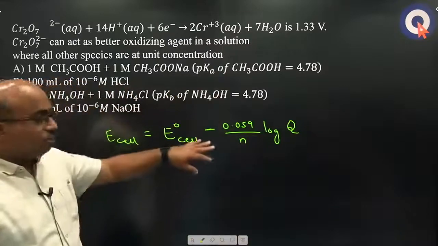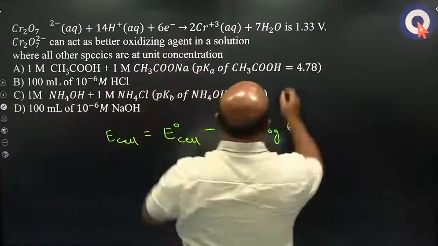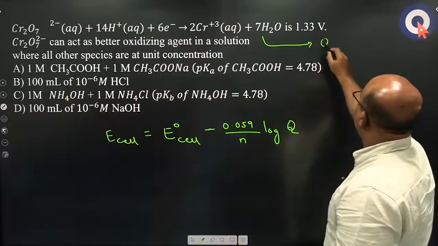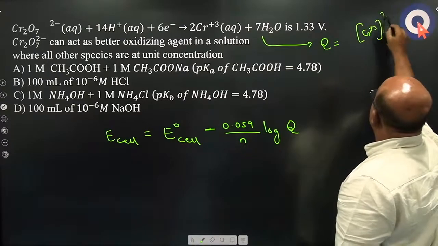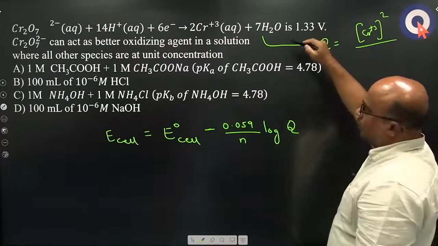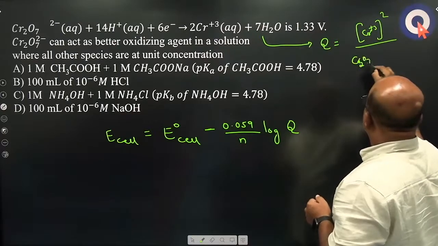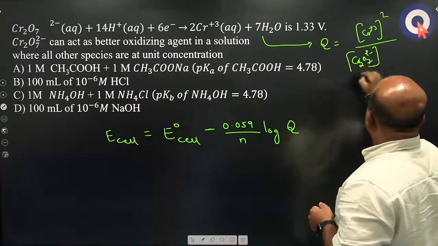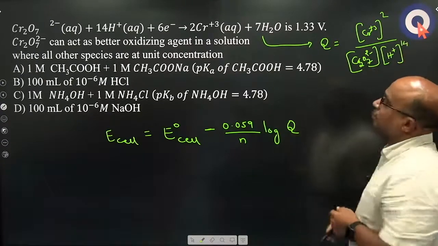So what is the reaction quotient here? Q is nothing but Cr3+ concentration squared, because water concentration we take as unity, being a pure liquid, divided by Cr2O7 2- concentration and H+ concentration whole to the power of 14.